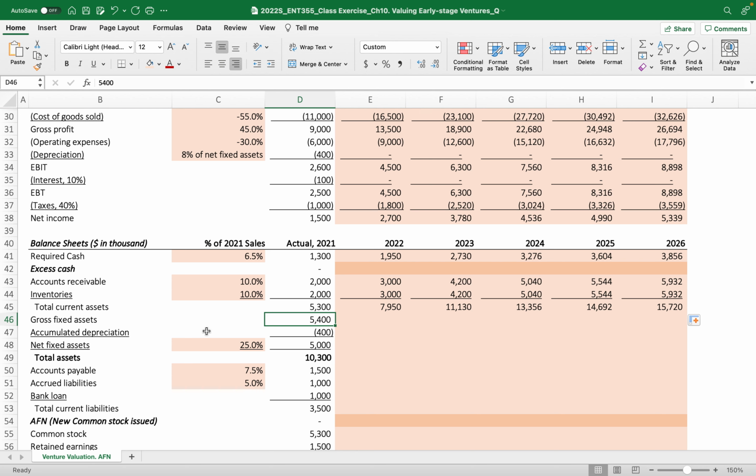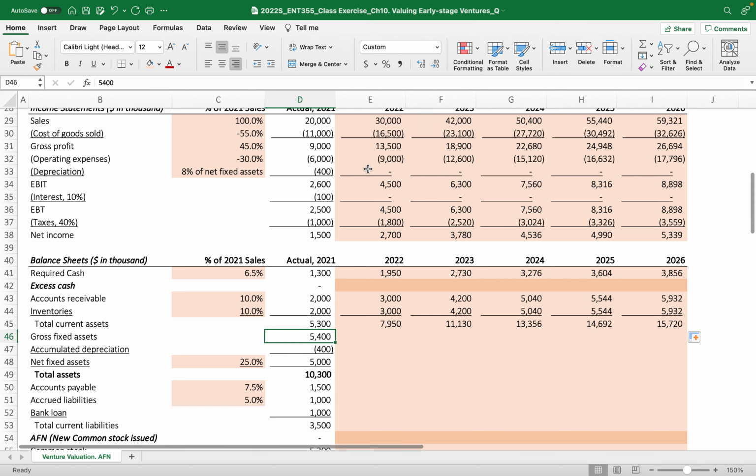The assumption we are given is net fixed asset that will be shown on the balance sheet. So we have to start from calculating this net fixed asset, and then we calculate accumulated depreciation based on the percentage of the depreciation we calculate here, and then we add the new depreciation to the accumulated depreciation, so that we can get the gross fixed asset backward.